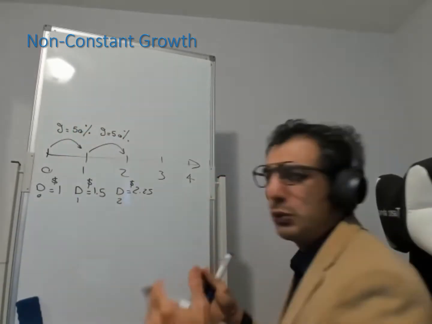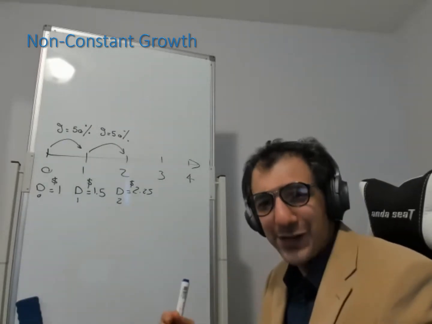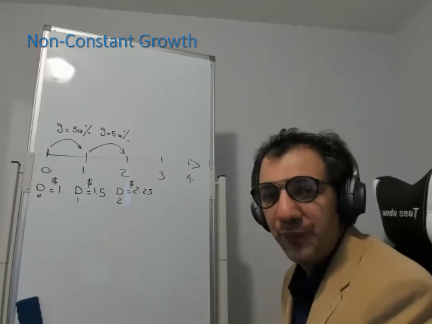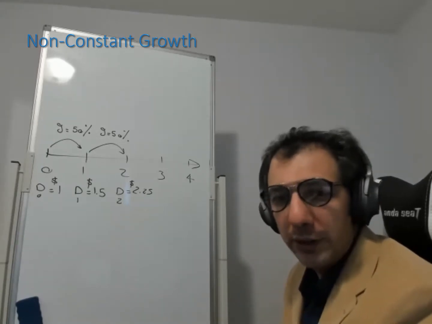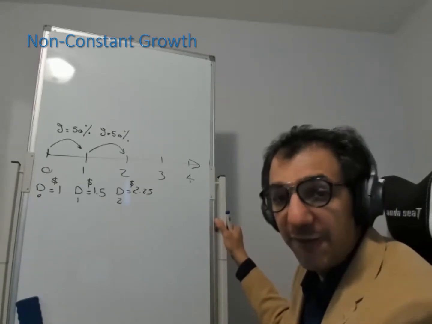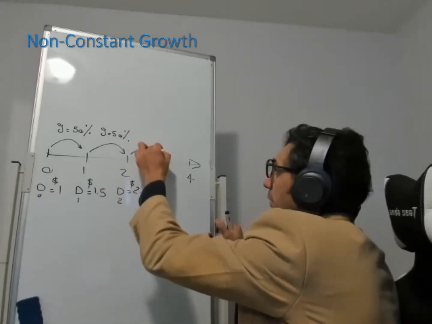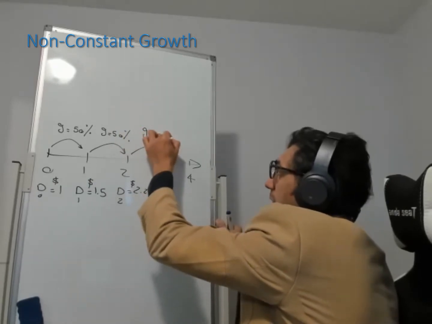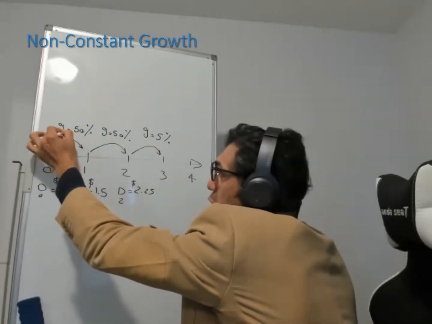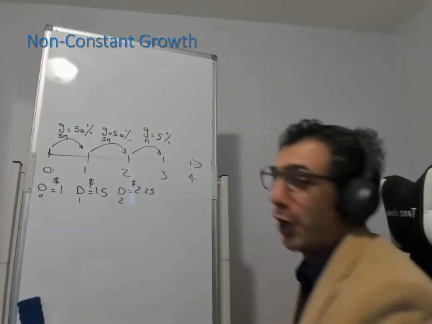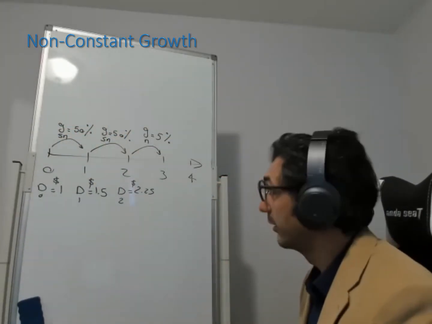But after 2 years, the company is settling down, it's getting back to the normal dividend payment, and then we can assume a normal growth rate. Let's say the normal growth rate of dividend is just 5%. I call this super normal, and here is the normal growth rate of 5%.